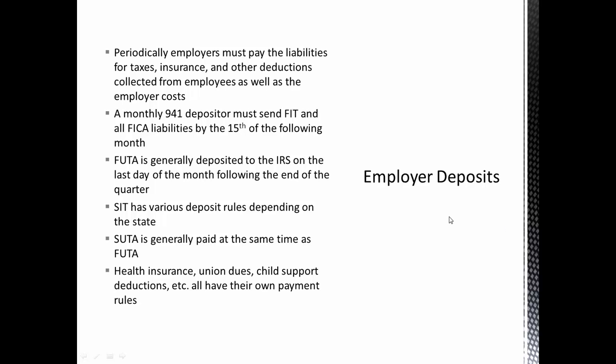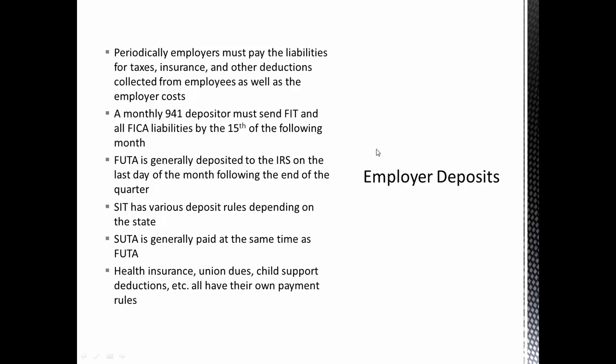All right, let's move on to when the employer makes a deposit. And we've been talking about deposits in class. Periodically, the employer needs to deposit, needs to hand over this money that it took out of the employees and or that it owes from its own pocket.